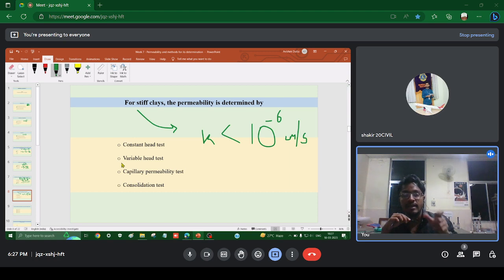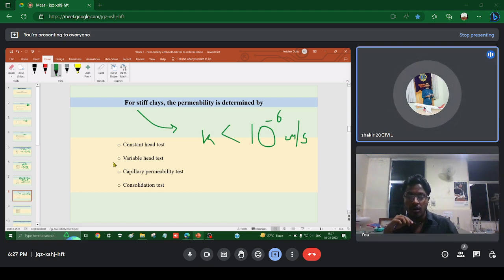If it is clay, they will remove variable head and put something else so that you can easily tick the consolidation test, because the constant head test you cannot choose for clay. It is only for coarse grained soil, where we can get a large volume of water in the discharge.